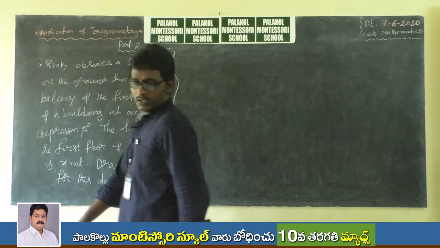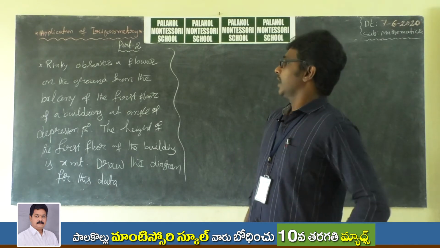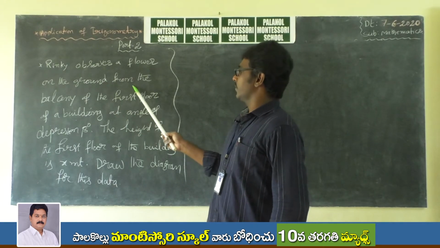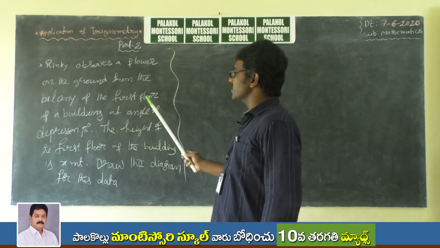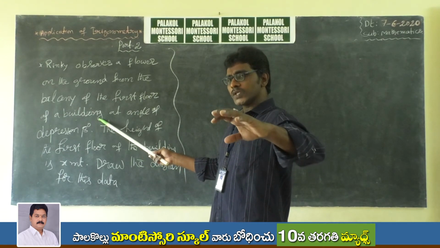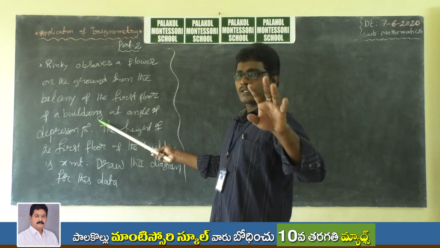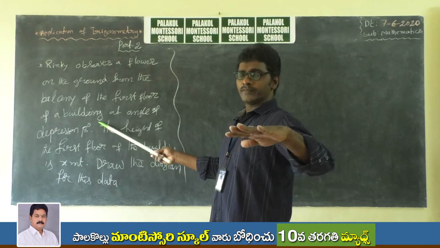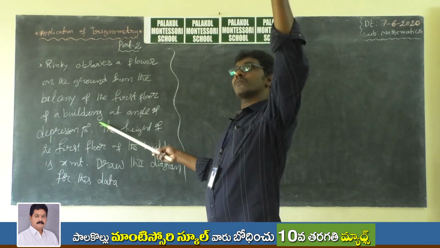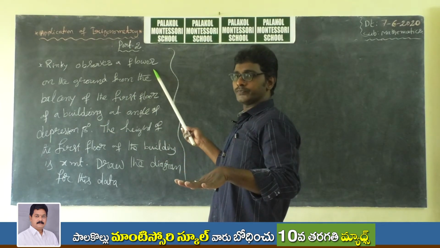Okay guys, first study the sum carefully. Rinki observed a flower on the ground from the balcony of the first floor of the building. Just imagine in your mind that you are standing on the first floor of the building, observing a flower on the ground.